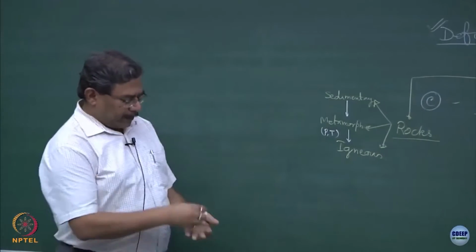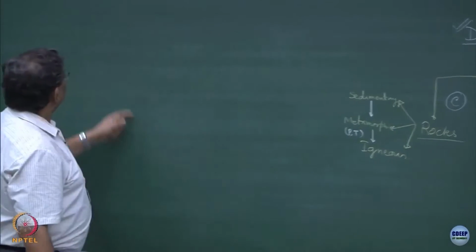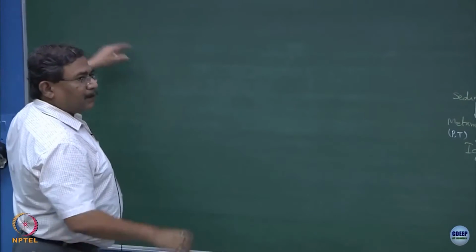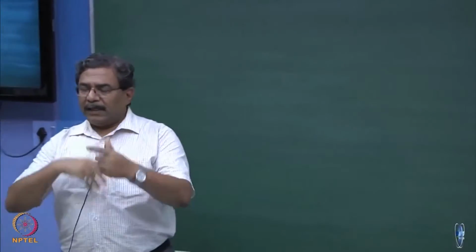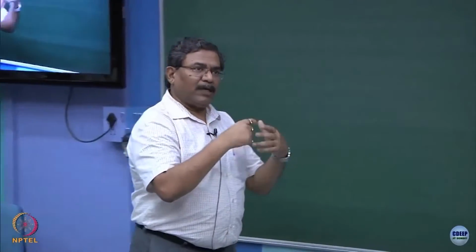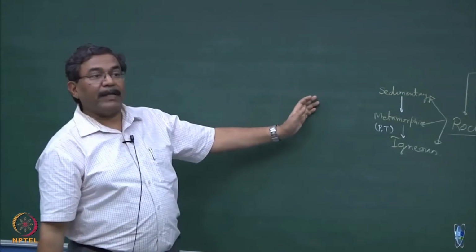So, sedimentary is the one which is, remember the Himalayas, there is a lot of weathering process going on, big boulders getting formed, they keep on hitting each other, they get fragmented because of the flow of water. Each fraction further keeps on becoming smaller and smaller by the time it comes to the Gangetic plain.